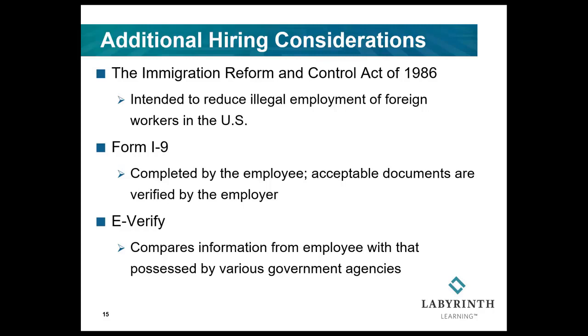Otherwise, if you show those that are on List B, such as a driver's license, school ID, or voter's registration card, those establish your identity, but you need to show employment authorization as well, and that comes from List C, such as a social security account number, birth certificate, or some type of employment authorization document.